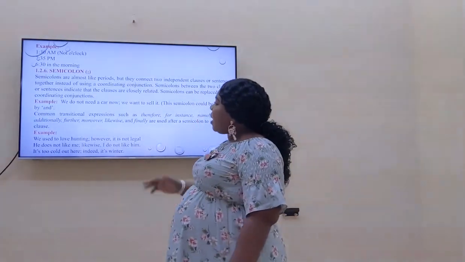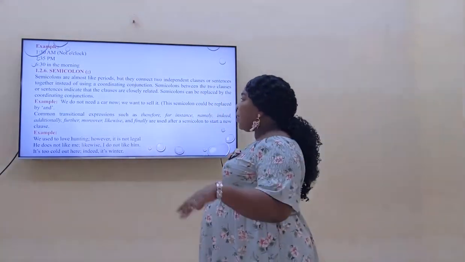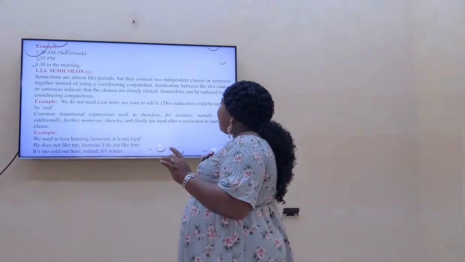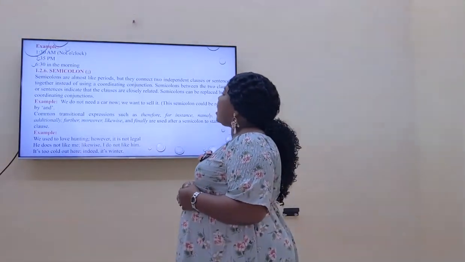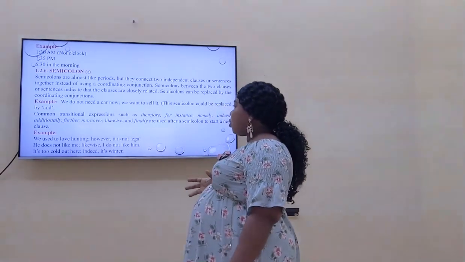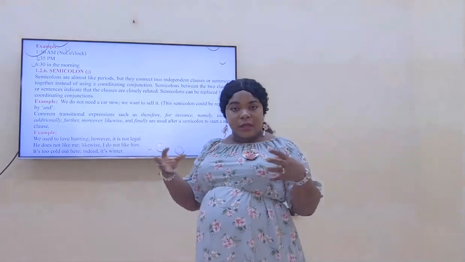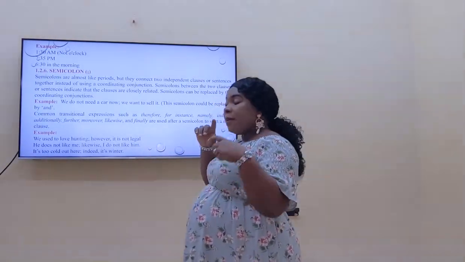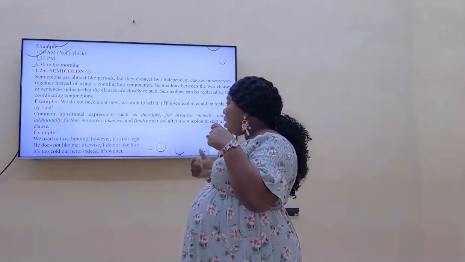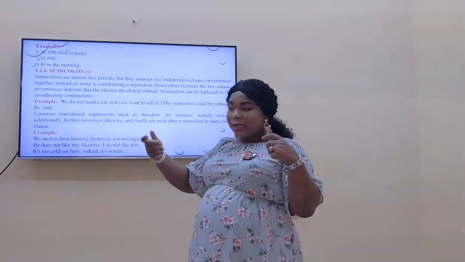Okay? Now in semicolon, semicolons are almost like periods. Okay, but they connect 2 independent clauses or sentences together instead of using a coordinating conjunction. Okay? So semicolons can be replaced by the coordinating conjunctions. Let's see an example. We do not need a car. Semicolon. We want to sell it. This semicolon could be replaced by and.